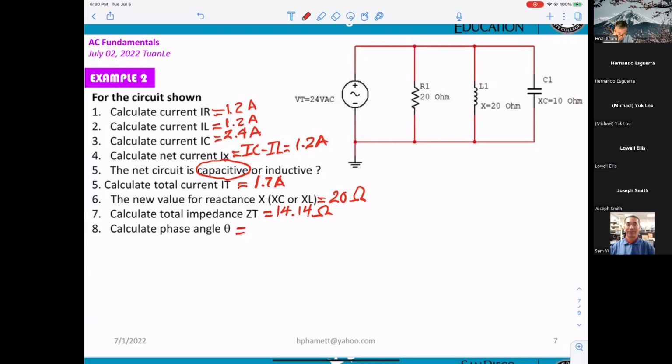For my calculation, 45 degrees. Okay, any question for this example?